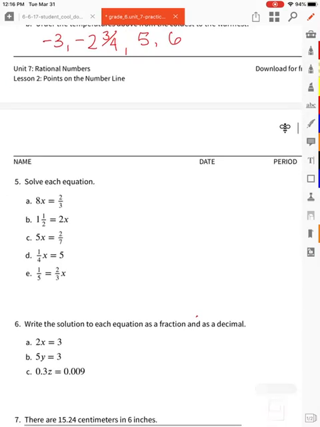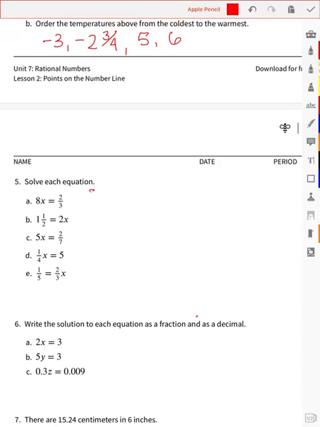Alright, so for number 5, solve each equation. So 8x divided by 8 is equal to 2/3 divided by 8, or multiplying by 1/8, which is 2/24. So x is equal to 2/24, or it could be 1/12 if you simplify.